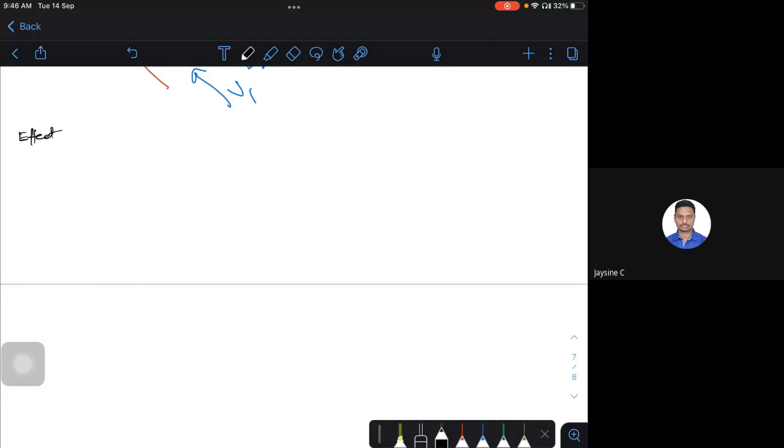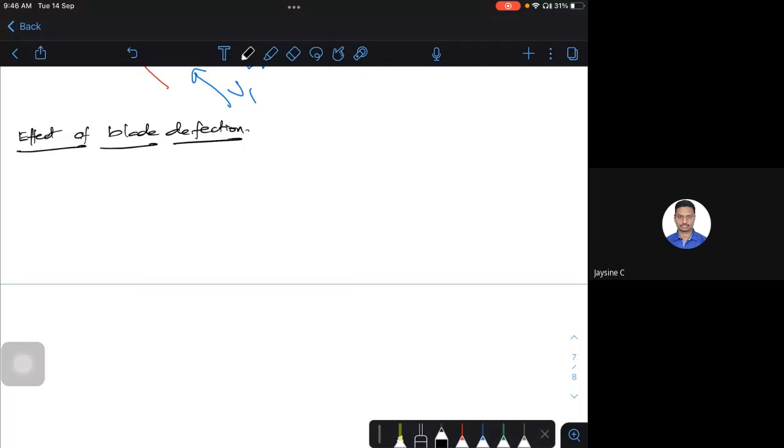Effect of blade deflection. So what they do here is fix beta 1 and vary beta 2.